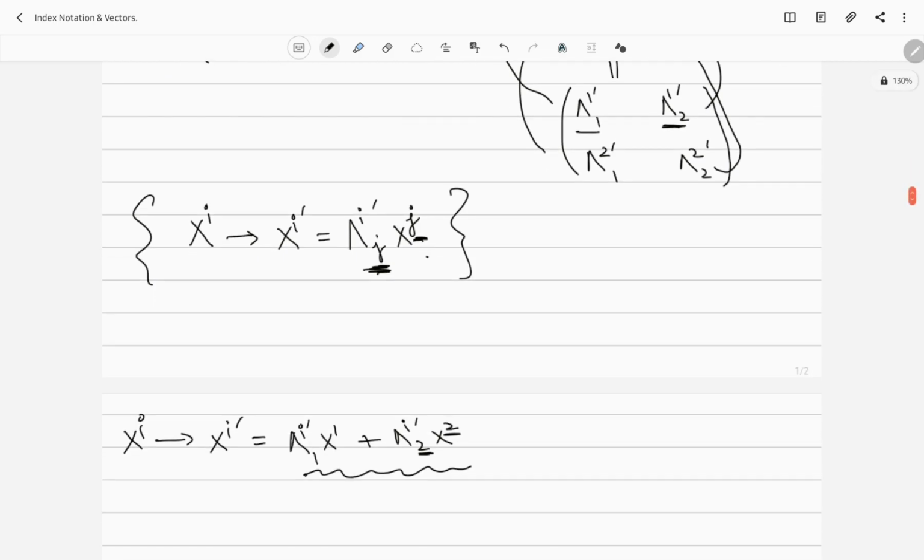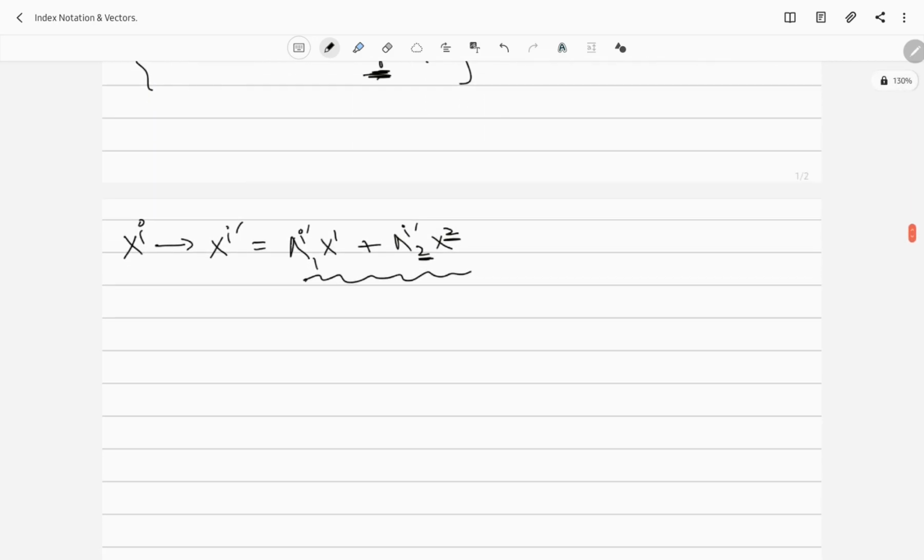And so I can now open this out: when I have i prime as 1, or when it is 2, that means you get a set of two equations.